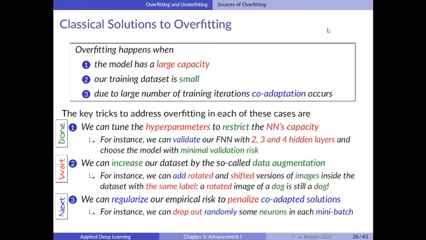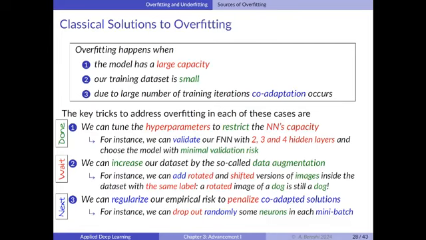Let's continue with overfitting and underfitting. Just for a quick review, we have seen that overfitting happens in three situations. First, the model has a large capacity. Second, our training dataset is very small. Small is not absolute, it is relative: we are talking about the training dataset size with respect to the model size.